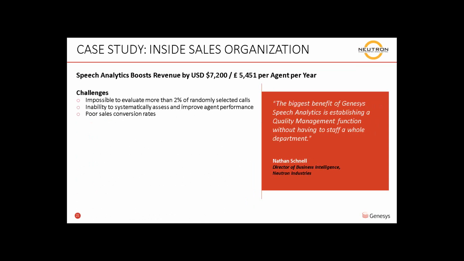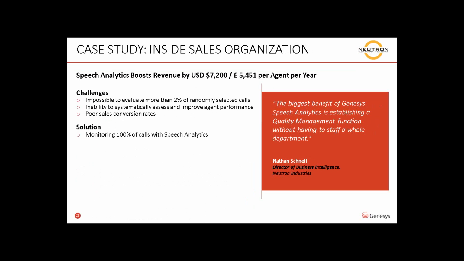So it was impossible for them to evaluate more than 2% of their calls. In fact, it was probably more around 1%. And they were also unable, of course, to systematically assess and improve their agent performance. And they were experiencing poor sales conversion rates.